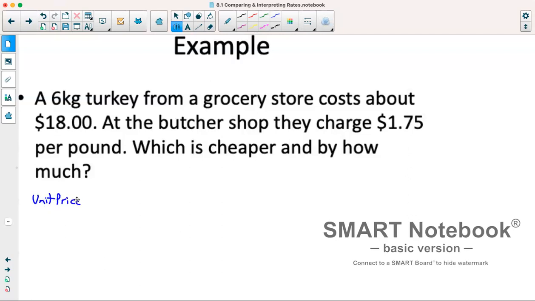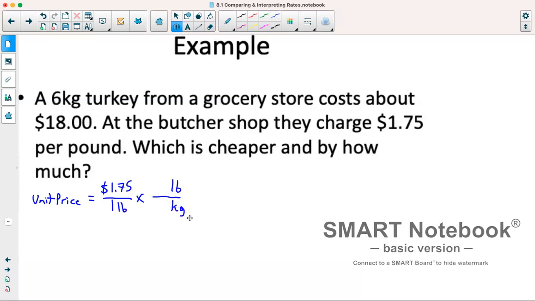So we have essentially $1.75 per 1 pound. But we need to convert this into kilograms. So when we do that, because pound is in our denominator here, it needs to go in our numerator here so they cancel out, which means kilograms goes down here.